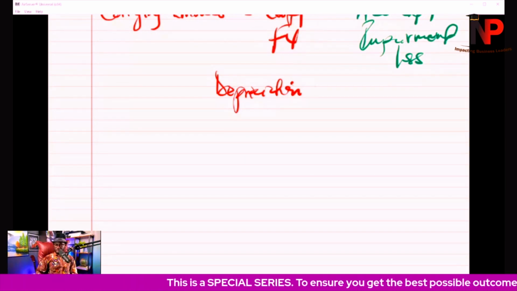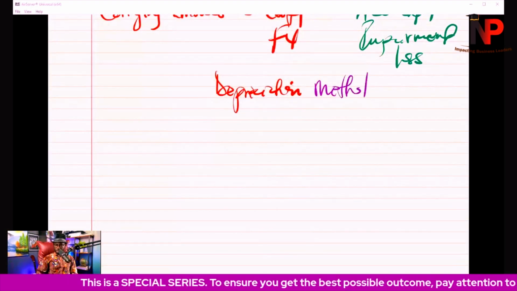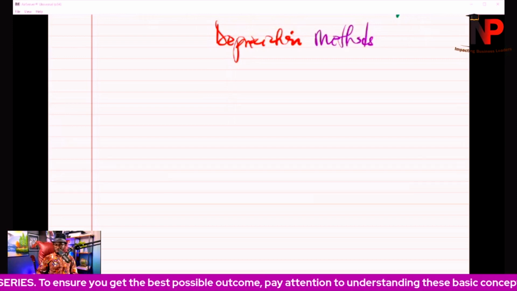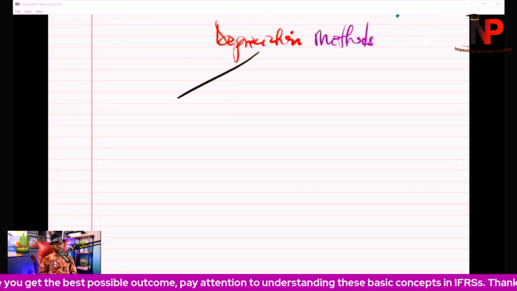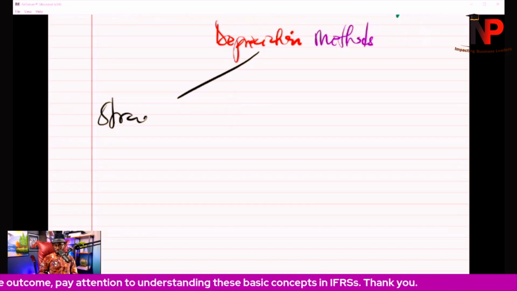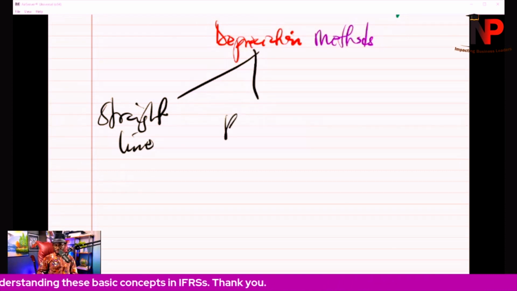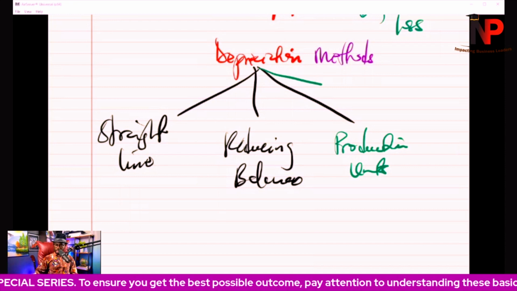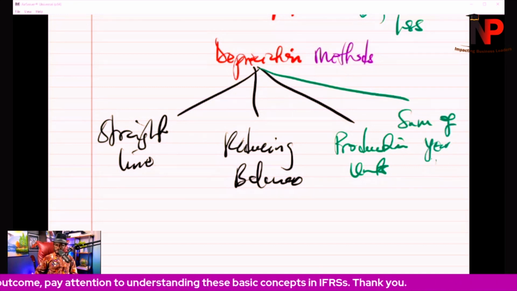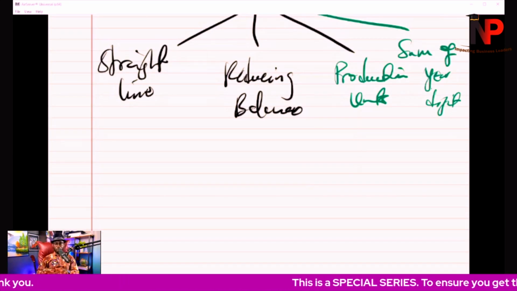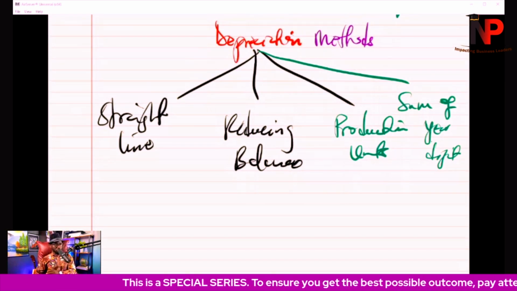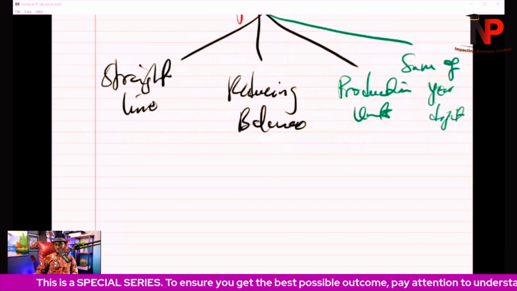And there are various methods of depreciation that you have to be mindful of when it comes to dealing with IAS 16 property, plant, and equipment. We have the straight line method, the reducing balance method, the production unit method, and the sum of year digits method. I may not talk about all of them in this session, but in subsequent sessions, as we solve questions, we're going to be dealing with some of them.